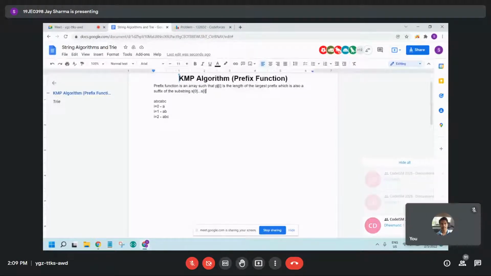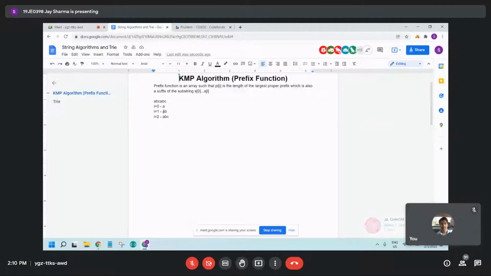This pi of i, the prefix function at i, will be the length of the longest proper prefix of this string which is also a suffix. By proper prefix I mean not the whole string, because the whole string would be a prefix and also a suffix, so we are not considering that.